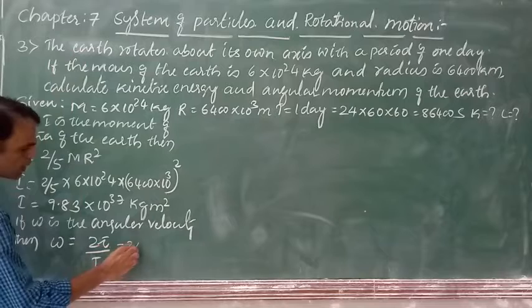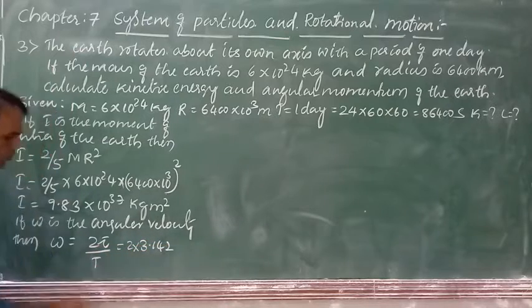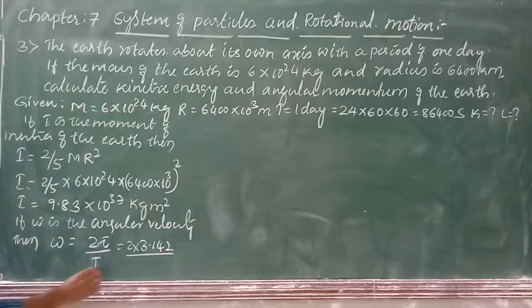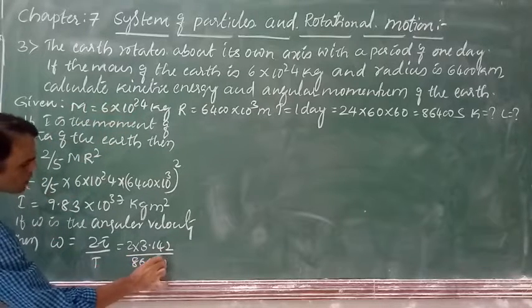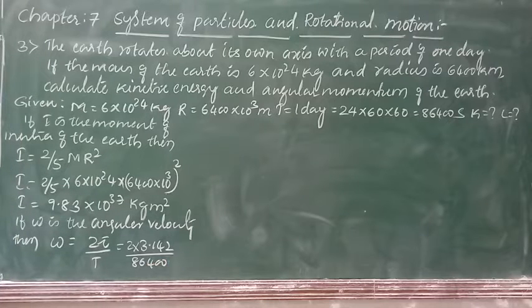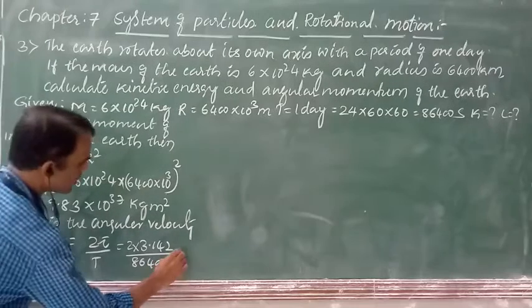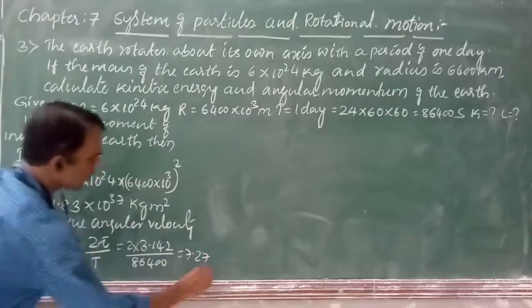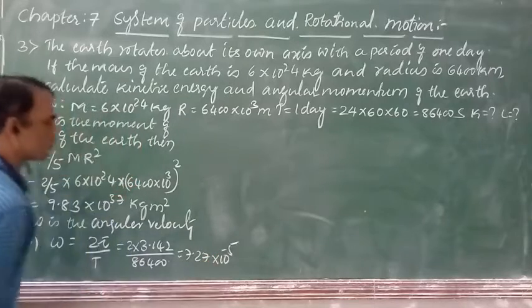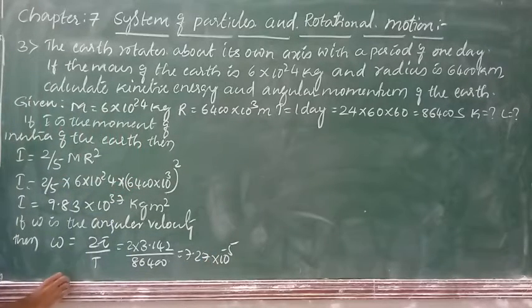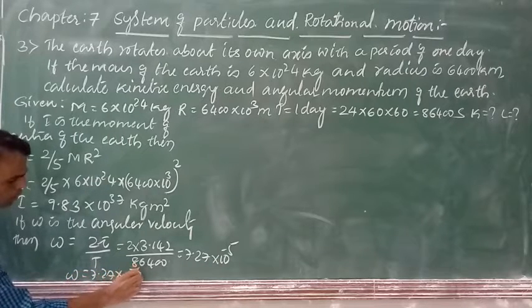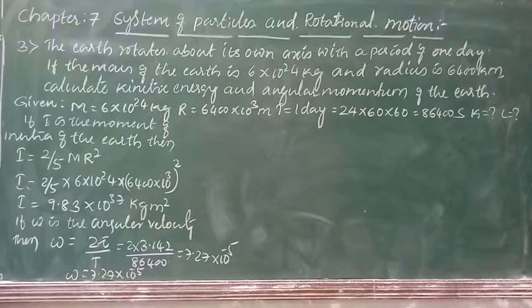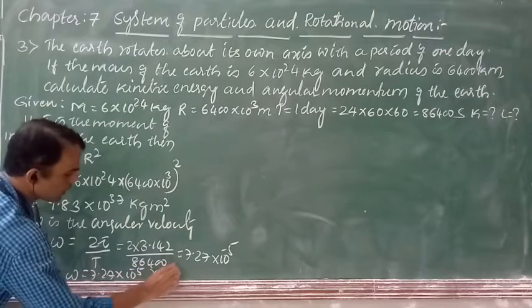So ω = 2 × 3.142 / 86400, with time in seconds. The angular velocity of the Earth comes out to be 7.27 × 10^-5 rad per second.